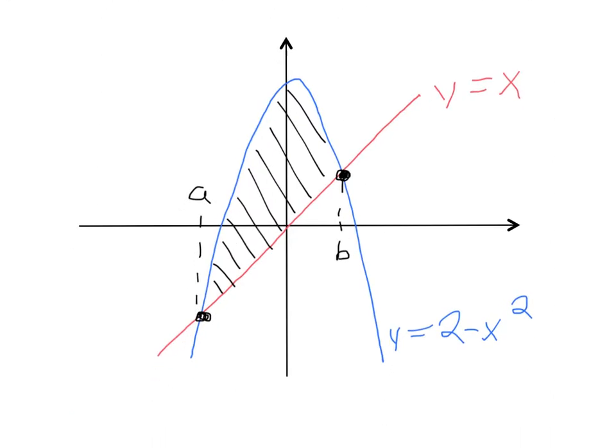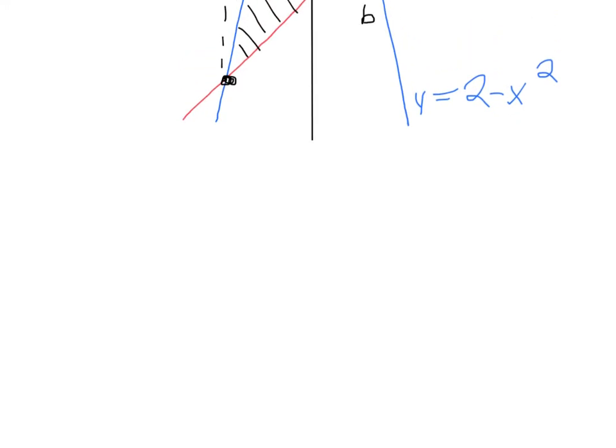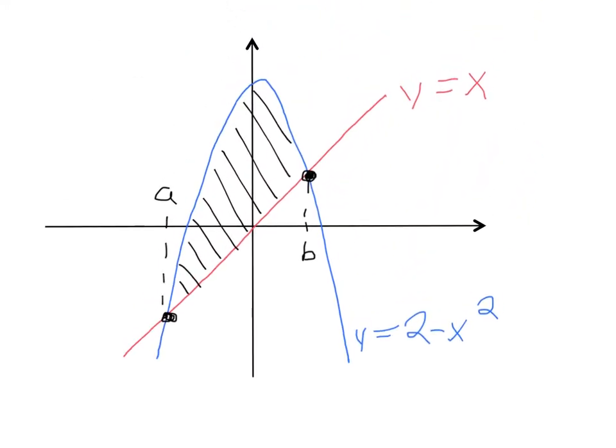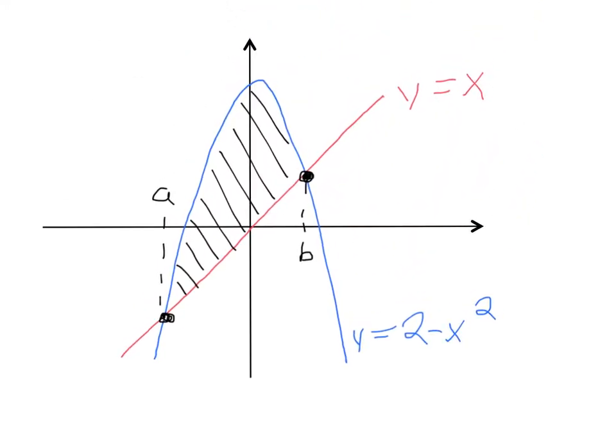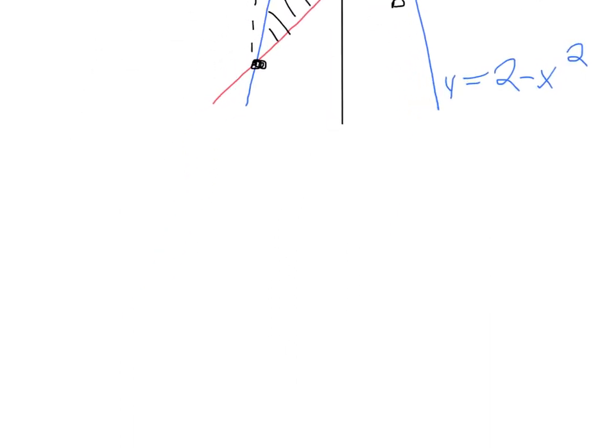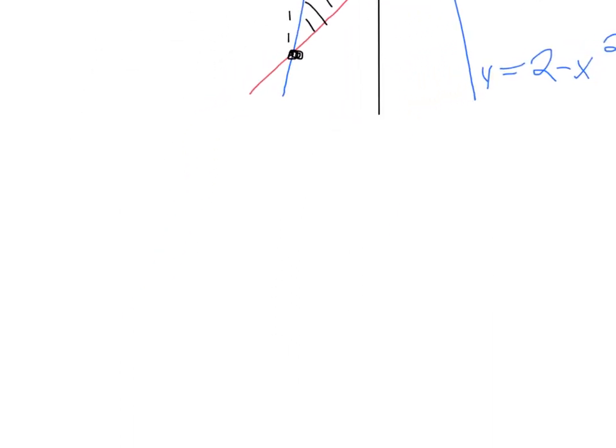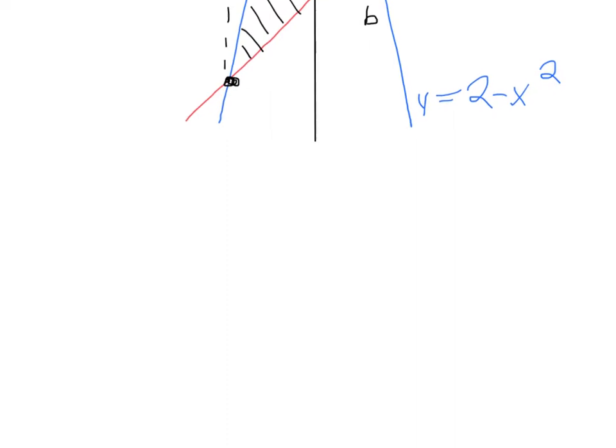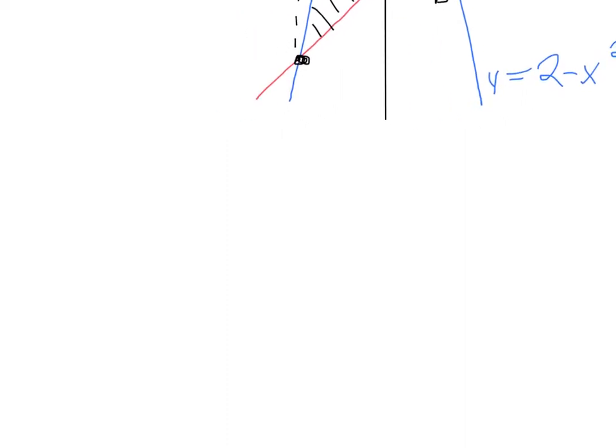All right, so let's set up a little side problem here, right? So we want to know where does 2 minus x squared intersect with the line y equals x. All right, they say that 2 minus x squared will intersect the line y equals x.